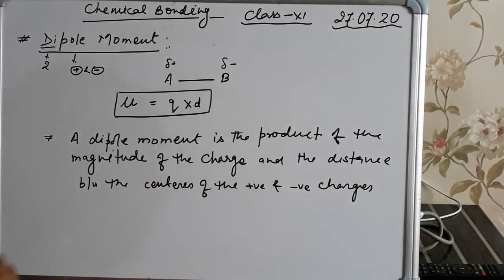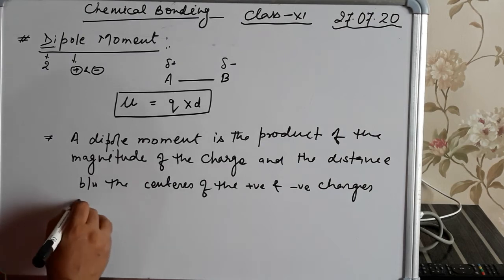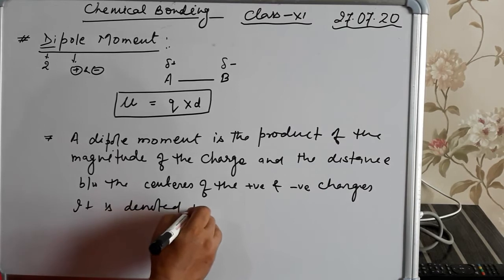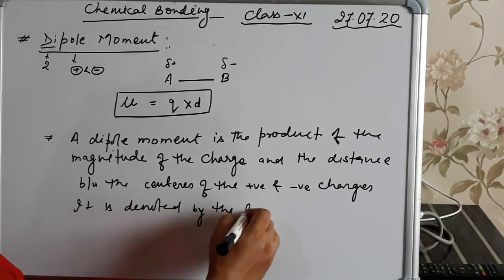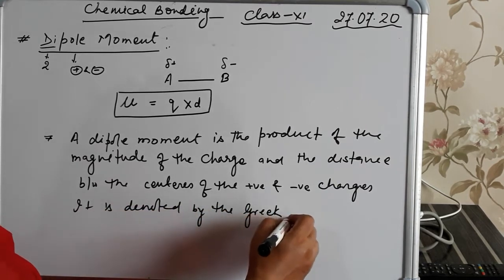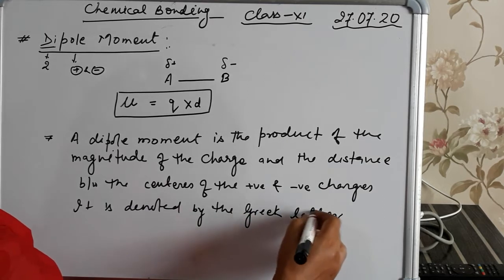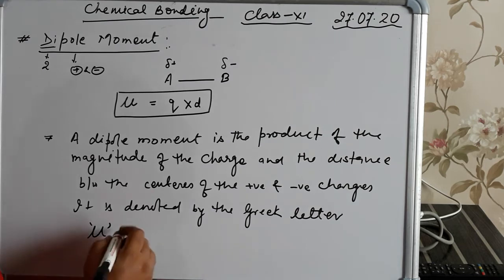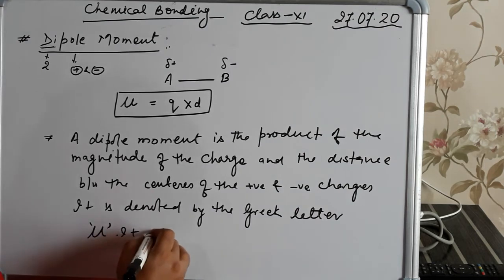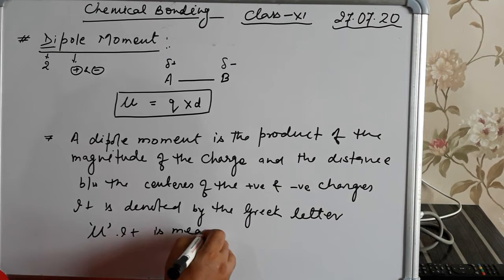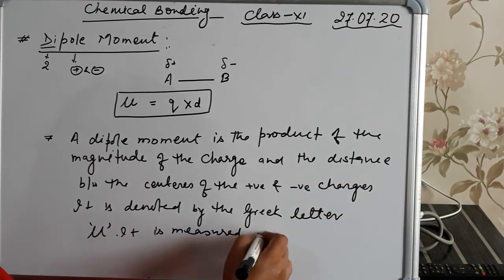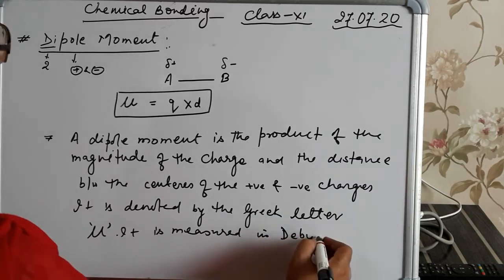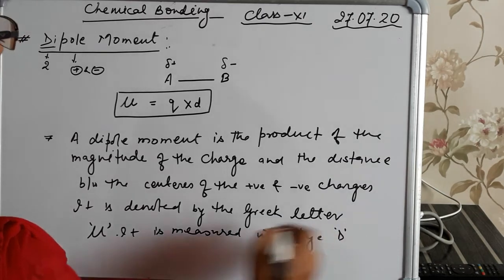It is denoted by the Greek letter mu, and it is measured in the unit Debye; in short, we use only D.